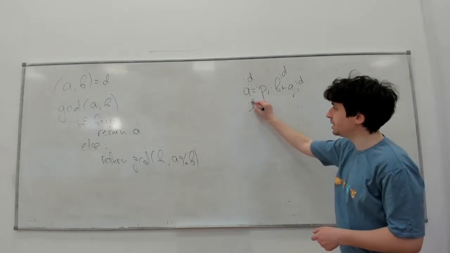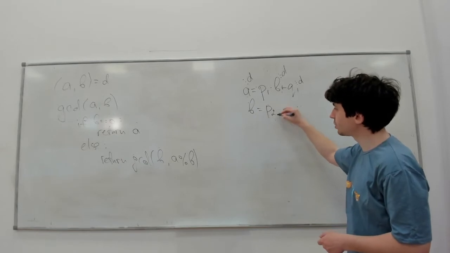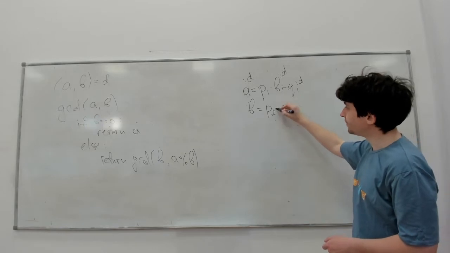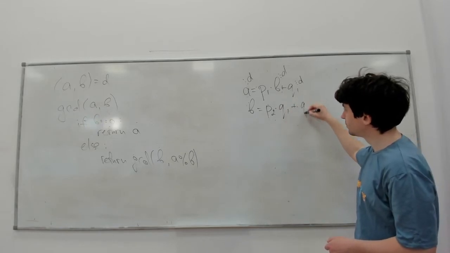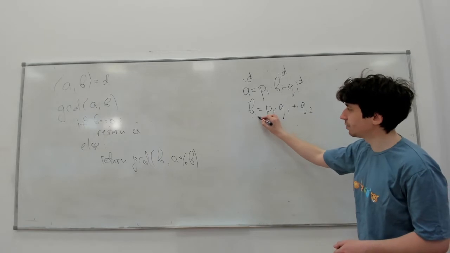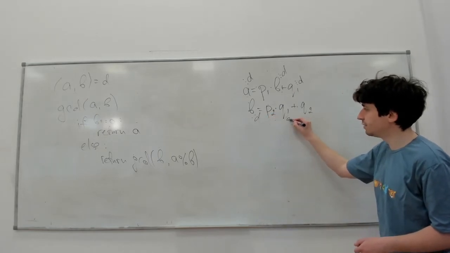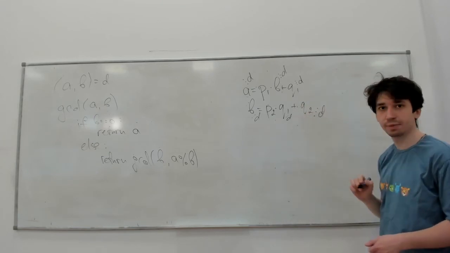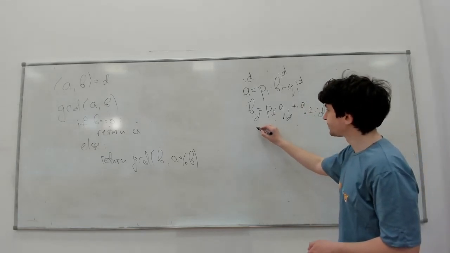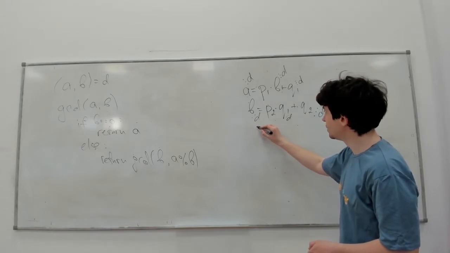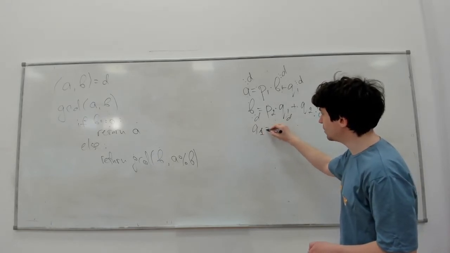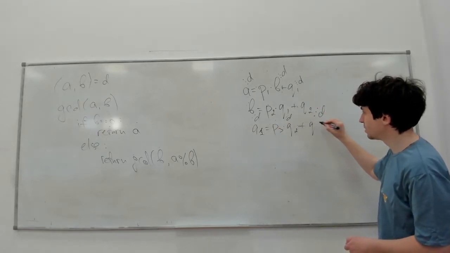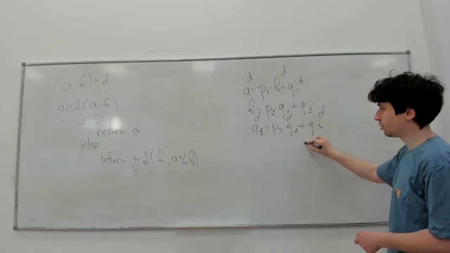Then we take B and do the same trick, but already with the remainder. So again, it is divisible by d. We know that q1 is divisible by d, so then q2 is also divisible by d. Then you just take q1, which is equal to p3 times q2 plus q3, and so on and so forth.